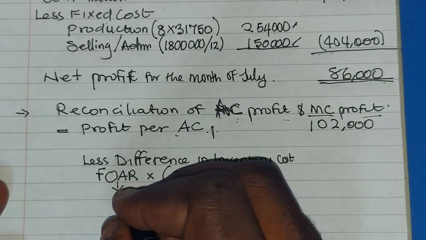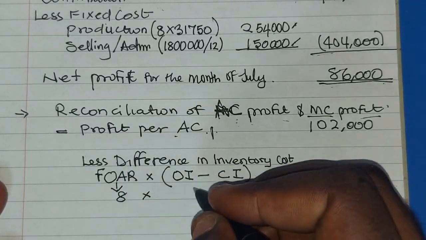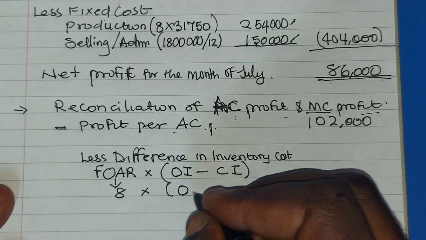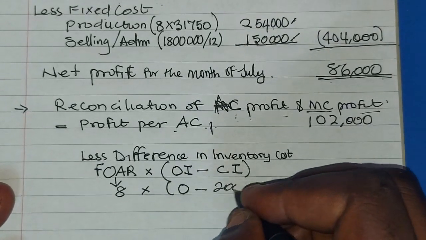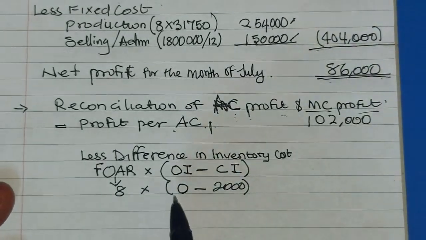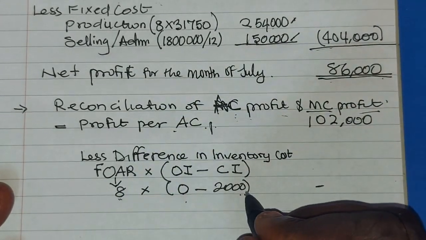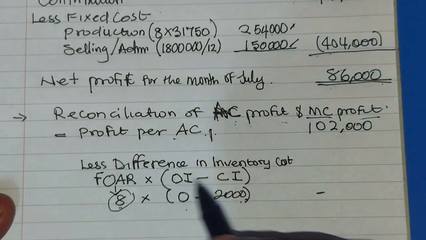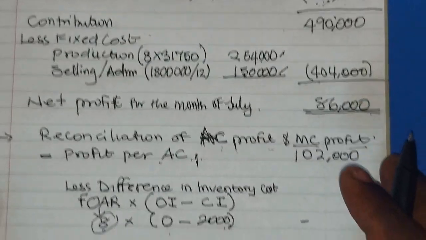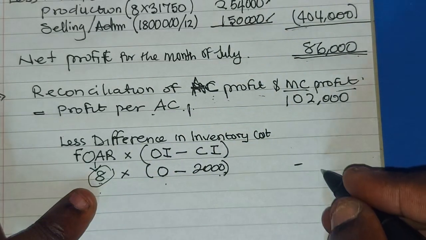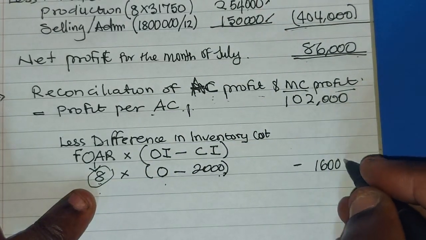So what's our fixed OAR? Which is 8, multiplied by opening inventory, which is 0. We don't have opening inventory, but we have closing inventory, which is 2,000. So this will give you minus 8 times this. How do we get this 8? 8 is the fixed production overhead. So that will give us 16,000.